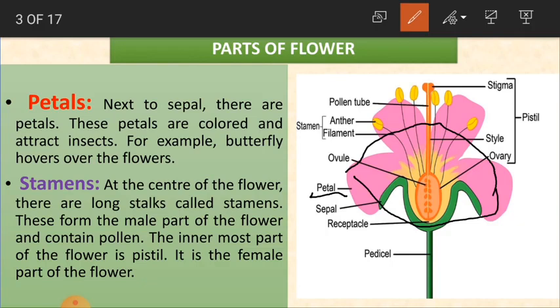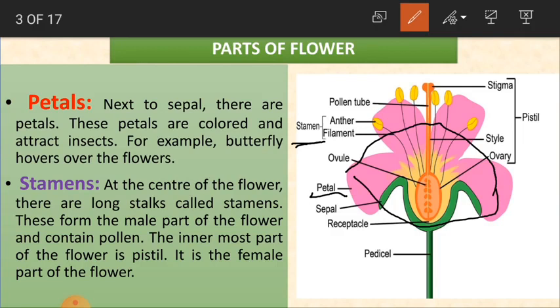And what are stamens? Stamens. At the center of the flower, there are long stalks called stamens. What are stamens? At the center, in the sense at the middle of the flower, what we are having here, stamen is there, see.